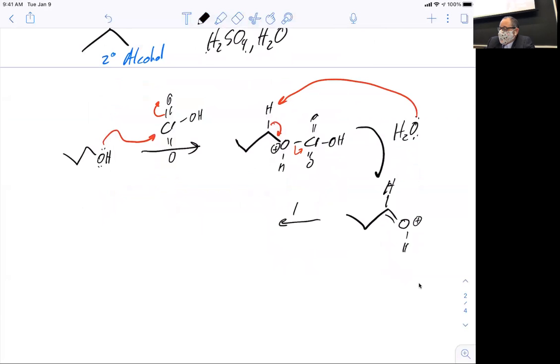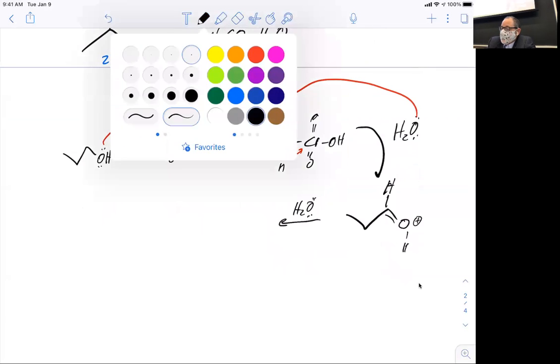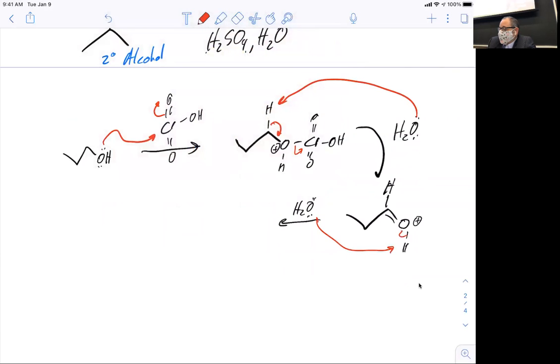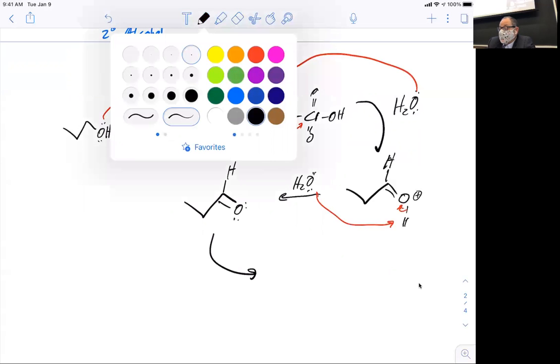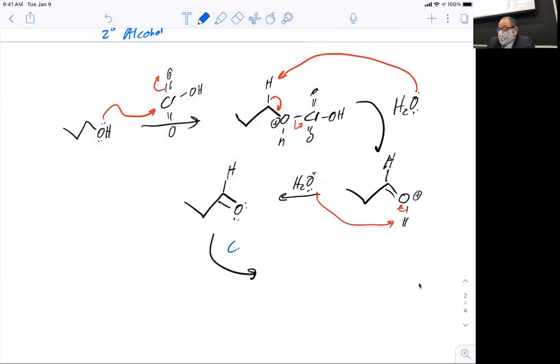Then we get a proton transfer. And then in this case, right, this can proceed again, and we won't go through the mechanism here, but this can proceed again with the chromic acid, right, to give me the carboxylic acid.